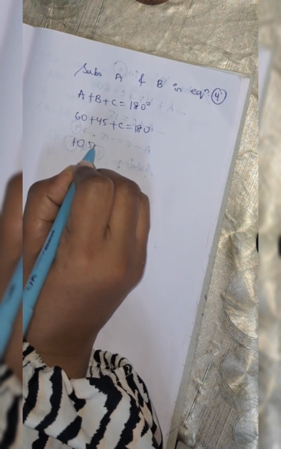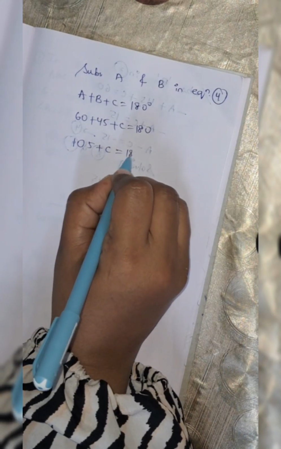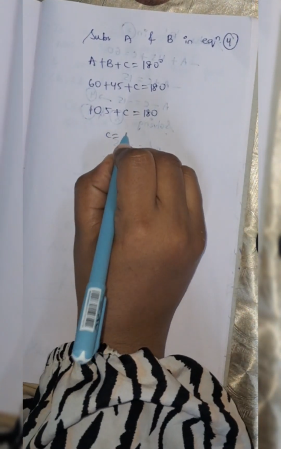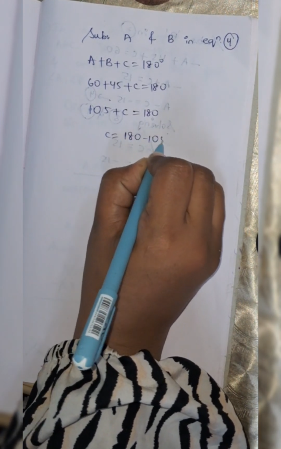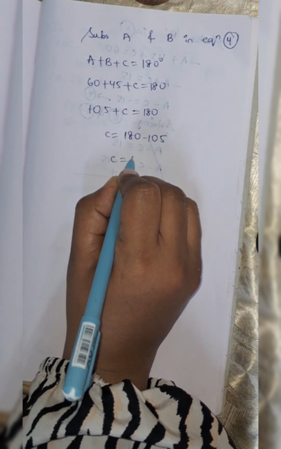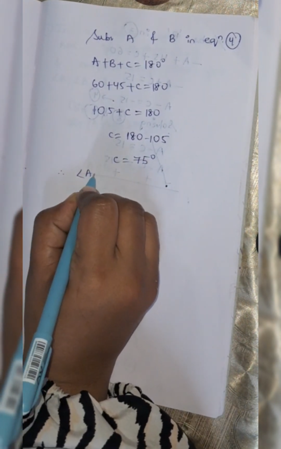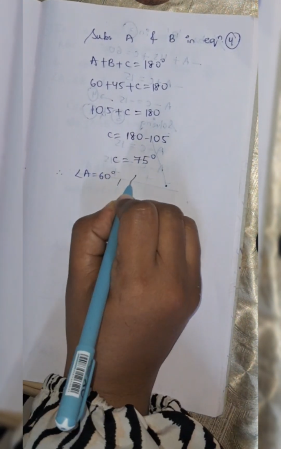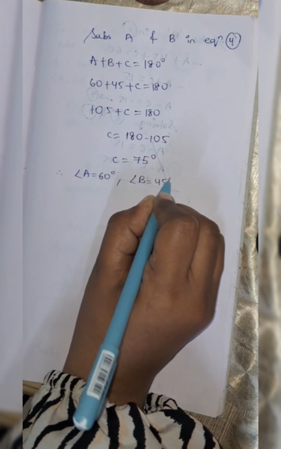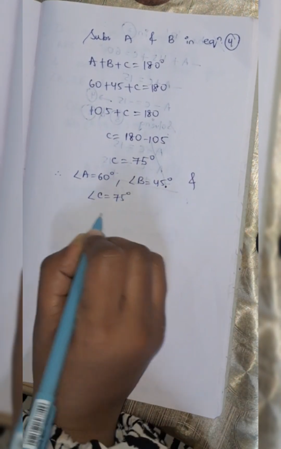So 105 + C = 180 degrees. C = 180 - 105, which is nothing but 75. Therefore, angle A is 60, angle B is 45, and angle C is 75. This is your answer.